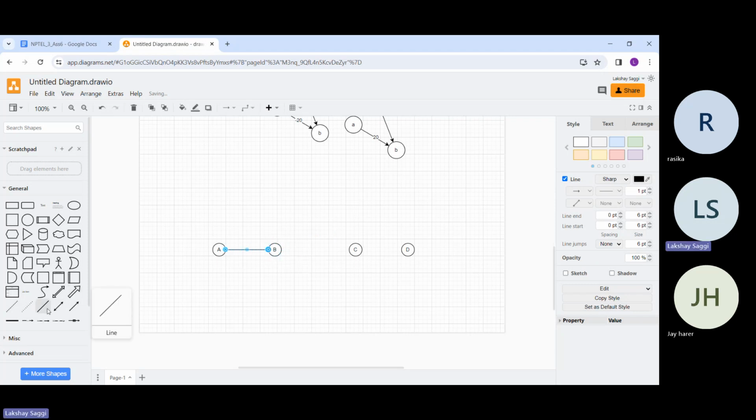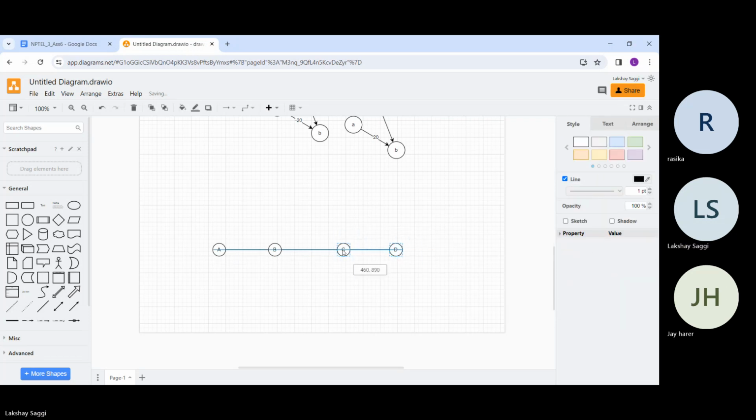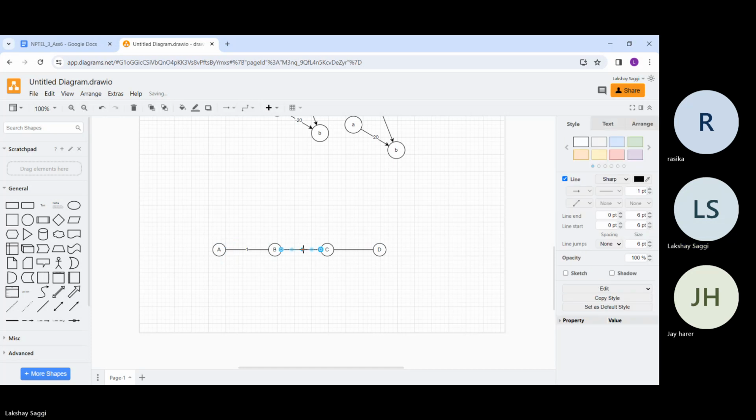So A to B, similarly B to C, and similarly C to D. And let's suppose all these edges have weight 1.